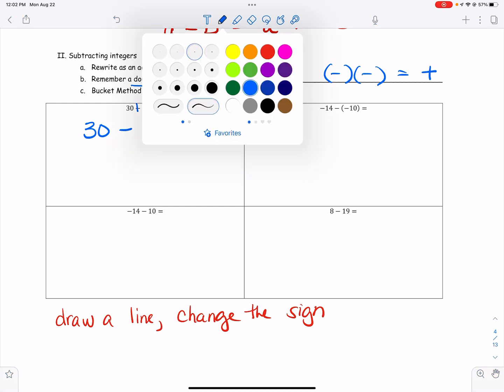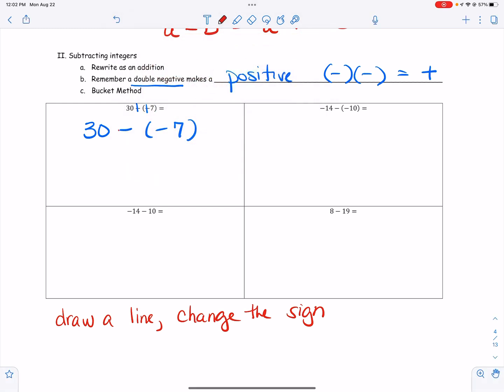I will get another color and I will make this double negative into a plus. Now, do I have to do the bucket method in this? Absolutely not, because it says 30 plus 7, and that gives me 37. Where the trouble lies is when we have this problem and this problem that look very, very similar, but they are slightly different.